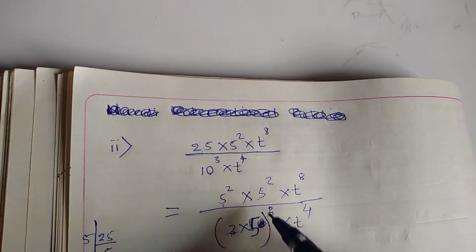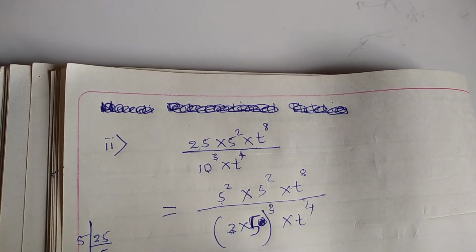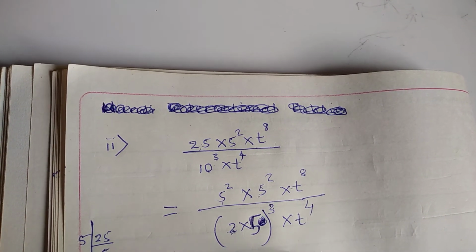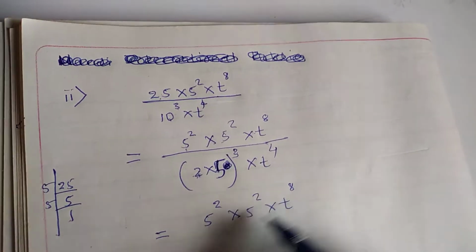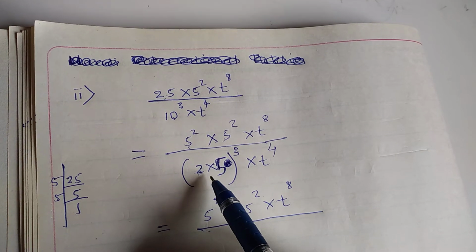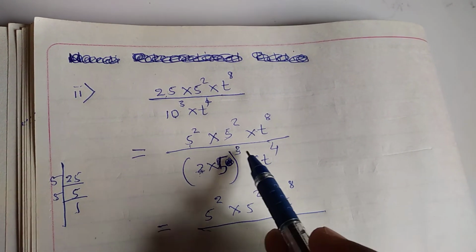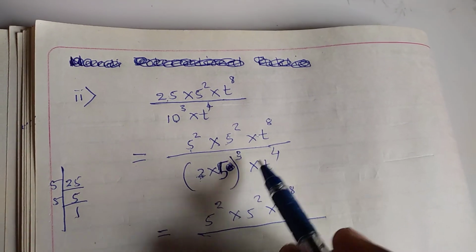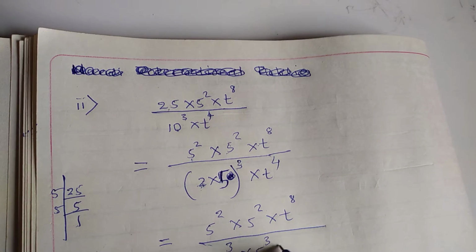here we have to first do the simplification of this thing. Remaining write as it is: 5 raised to 2, 5 raised to 2, t raised to 8, divided by, this is another law of exponent, that (a into b) bracket raised to m is equal to a raised to m into b raised to m. I mean 2 raised to 3 into 5 raised to 3, t raised to 4, as it is.